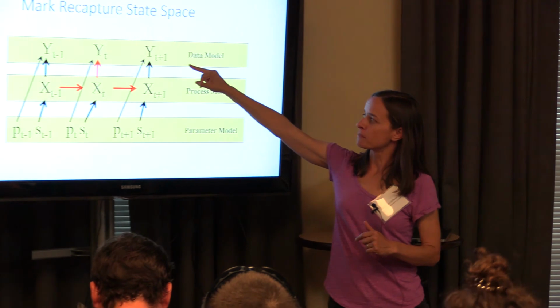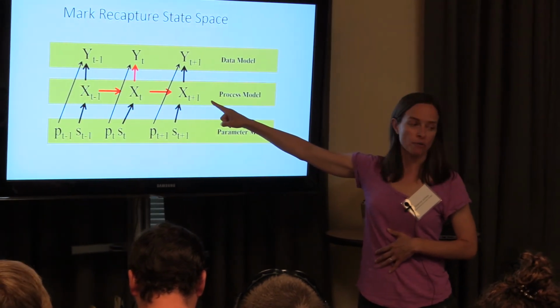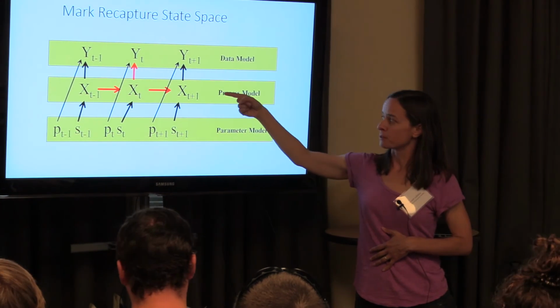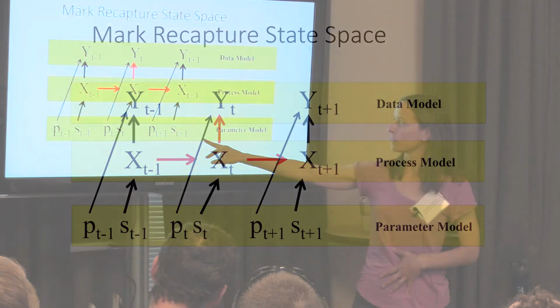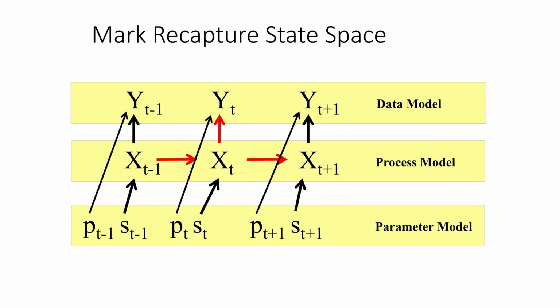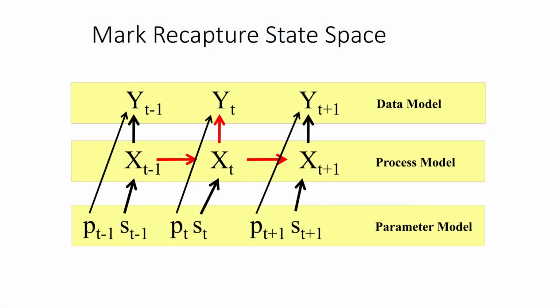So this is the graphic notation. You've got your observations that are independent, right? There's no arrows connecting them. You've got your process model that is dependent through time. And in this case, the parameter model is doing error that also varies temporally. You could just have one P and one S, and say that all X's have the same constant variance.